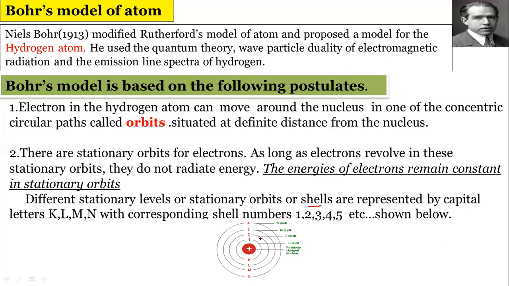These are also called energy levels, and they are denoted by the letters K, L, M, N. For K, n is equal to 1, meaning this is the first energy level or first shell. For L, the value will be 2, and it increases like this: 1, 2, 3, 4, 5.